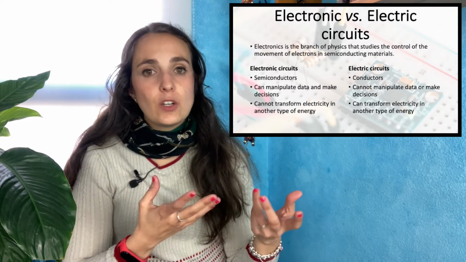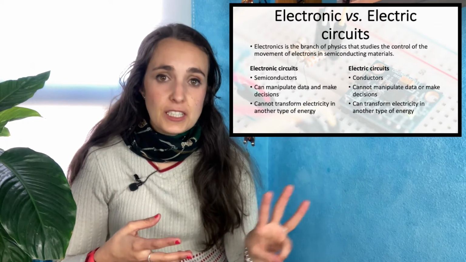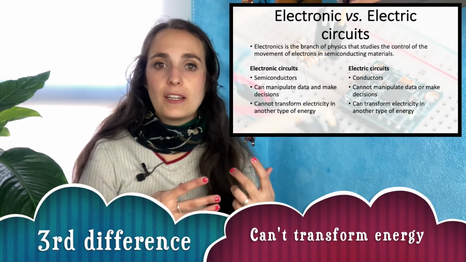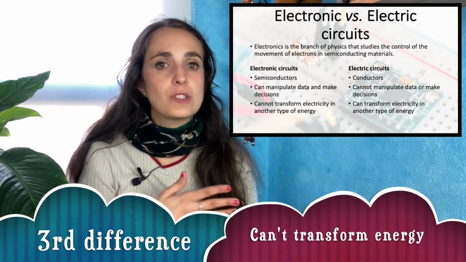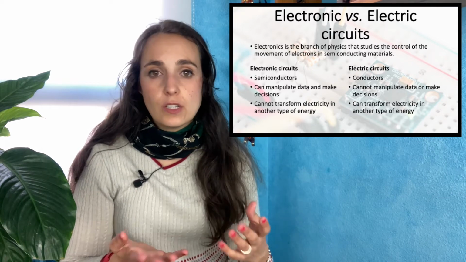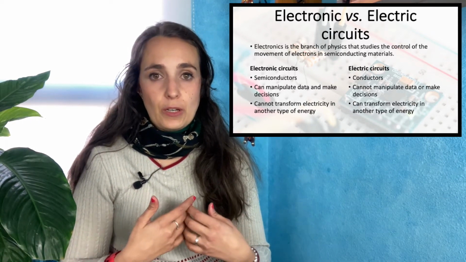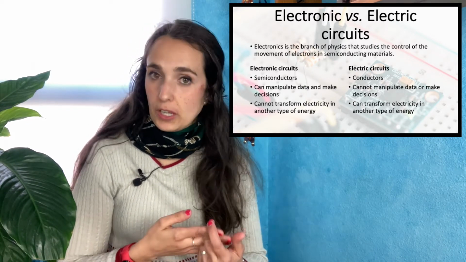Electric circuits can only manage electricity. And the third main difference is that in electrical circuits we can transform electricity into another type of energy, but in electronic circuits we can't. If we have electricity, that's all that we will have. But the difference is that we will use semiconductor materials and we will manage data, information, okay?